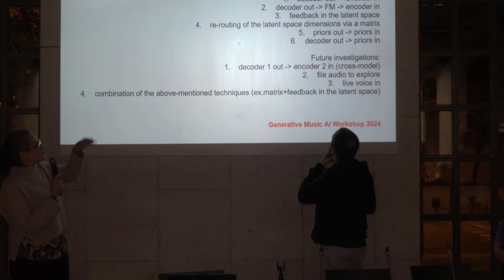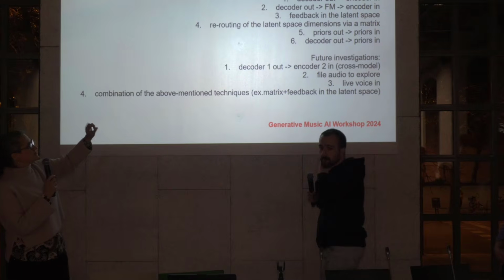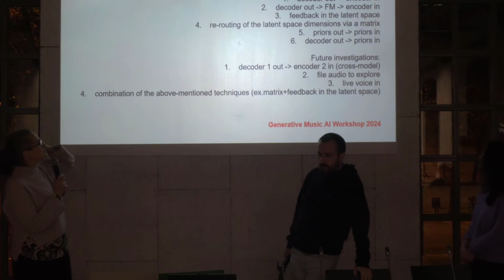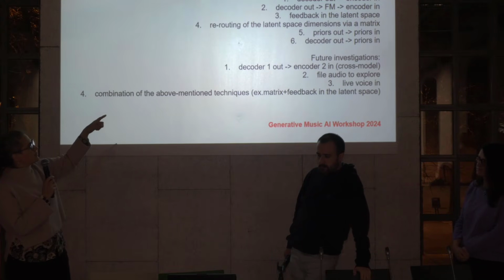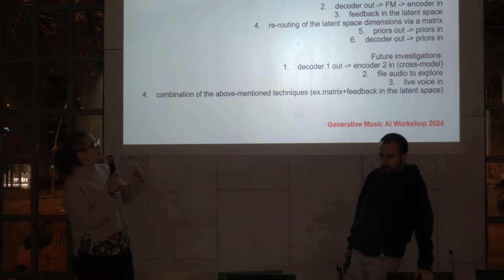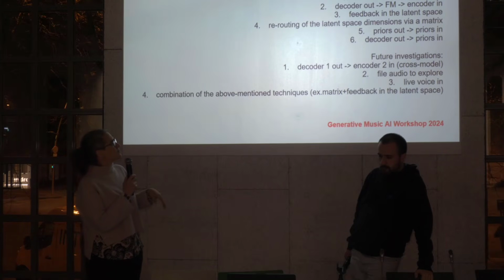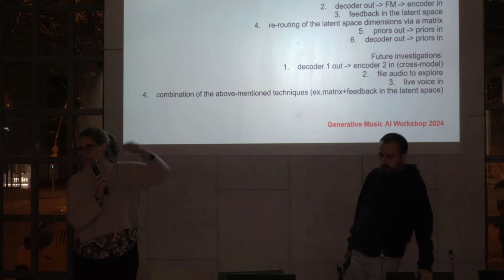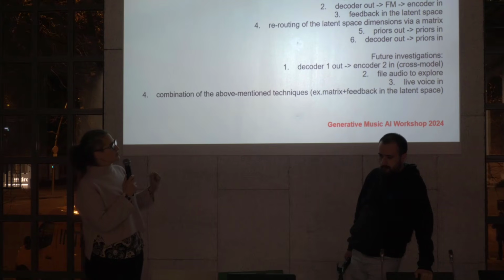Feedback configurations were drawn between the outputs of the decoder and the input of the encoders, or these variational encoders in the library, or some processing techniques were used, like FM, to vary these feedback configurations, or the position of the feedback configurations was varied, like this concept was applied within the latent space, or between the priors, so between the outputs and the inputs of the priors, or between the outputs of the decoders and the inputs of the priors.